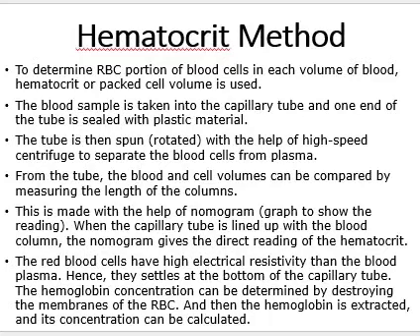Hence they settle down at the bottom of the capillary tube, and the hemoglobin concentration can be determined by destroying the membranes of the RBC, then the hemoglobin is extracted and its concentration can be calculated.